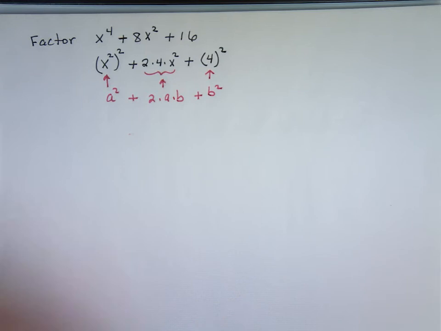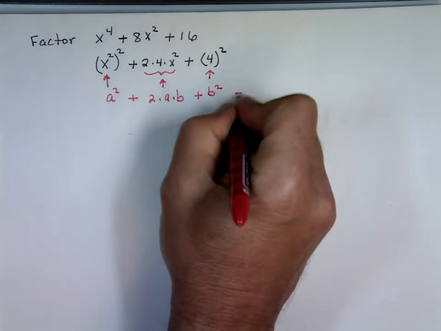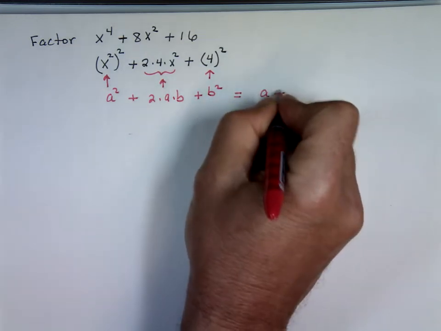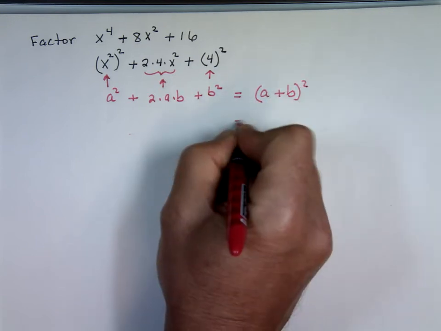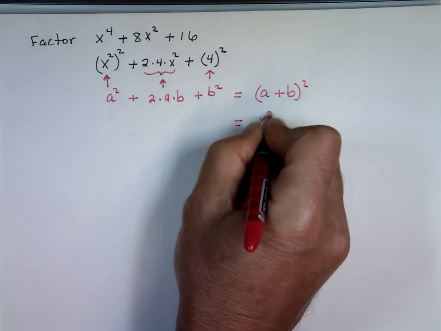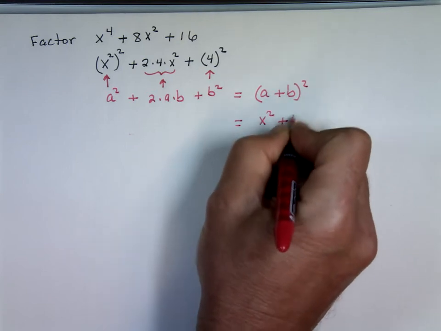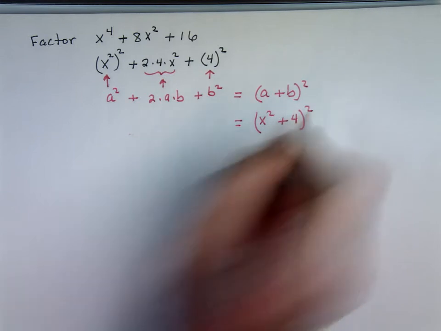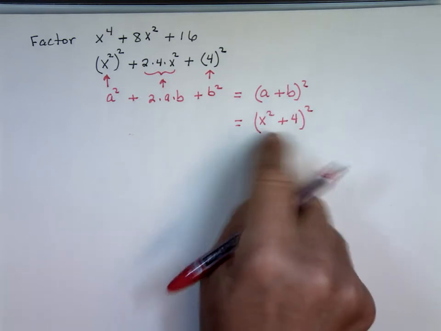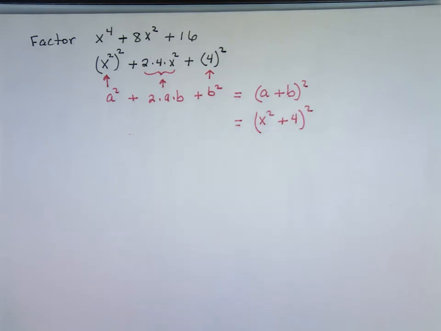And because that's a plus, when you factor it, that's a plus b squared. And a here is x squared, and b here is 4. Square that. And you really can't factor the inside of that. That can't be simplified anymore. So that's my answer.